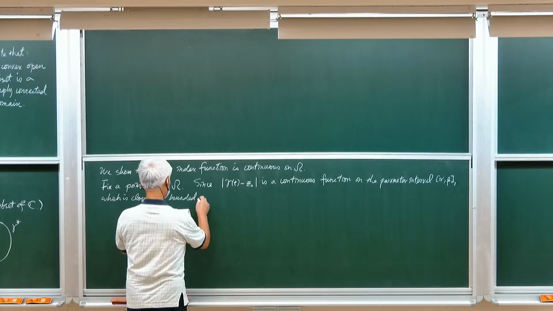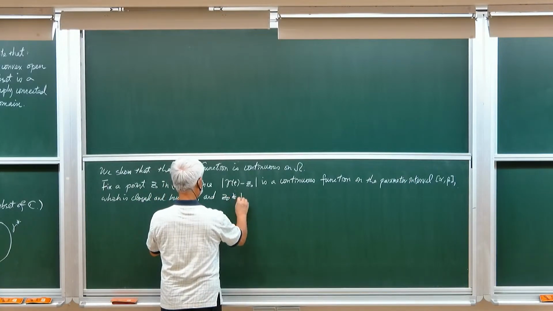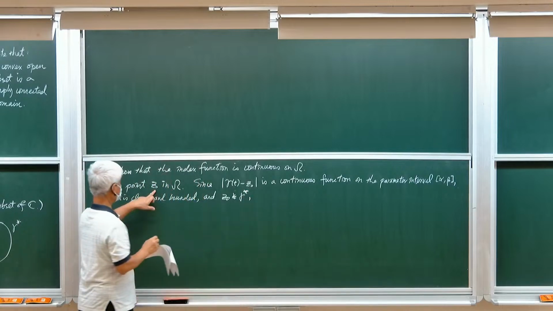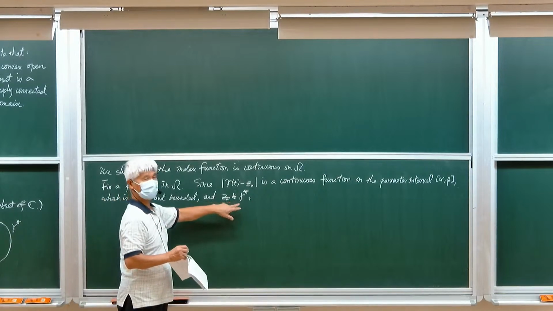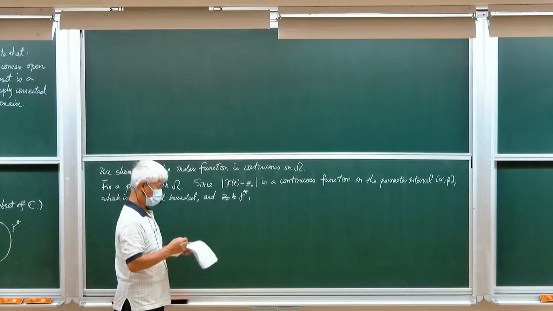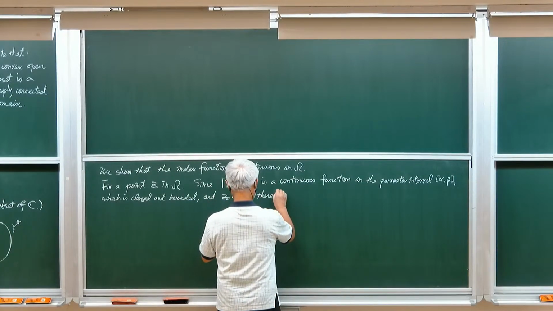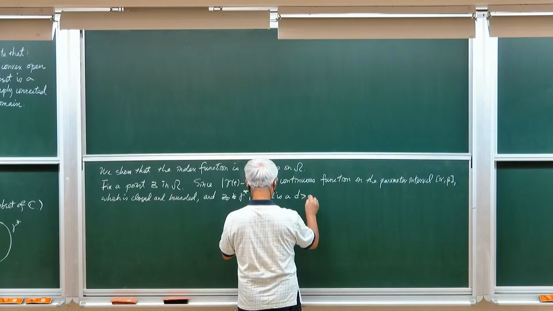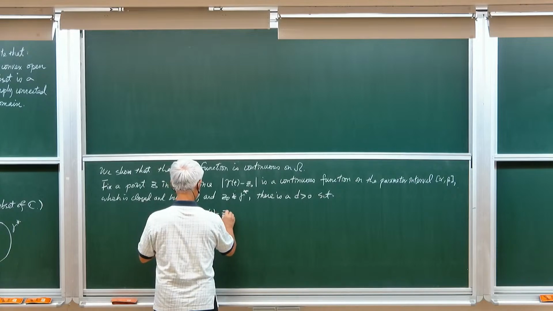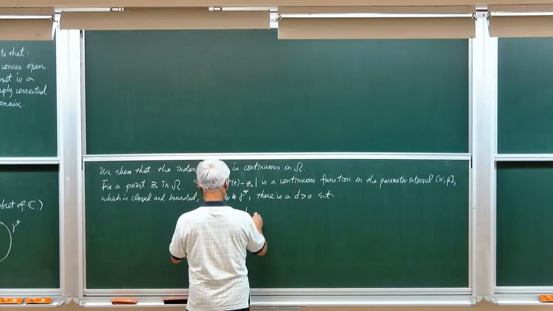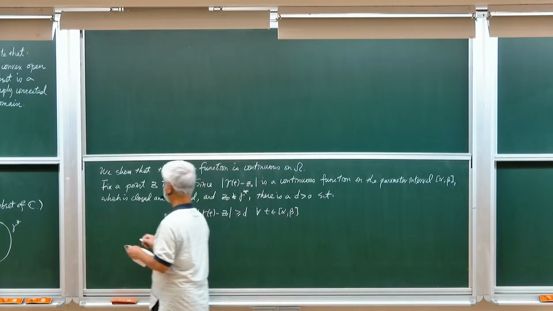And because z0 is not in gamma star, because z0 is in omega, and omega is the complement of gamma star, so z0 is not in the range of the path. So by the extreme value theorem, there is d greater than 0 such that the absolute value of gamma t minus z0 is greater than or equal to d for all t in alpha beta.